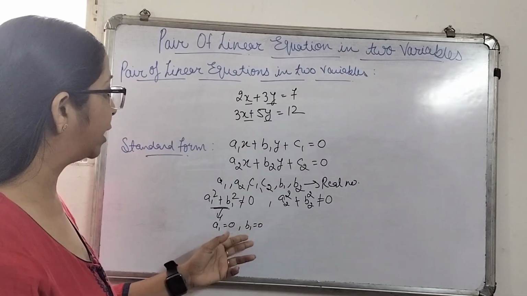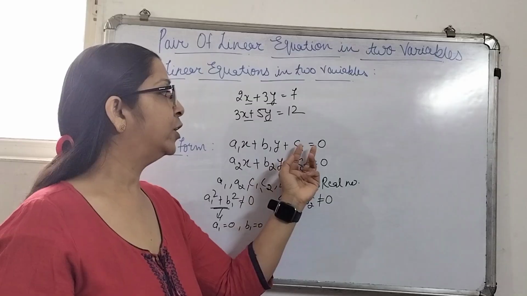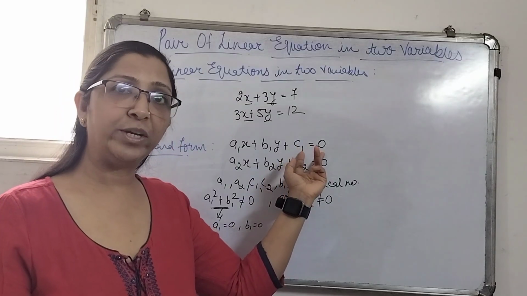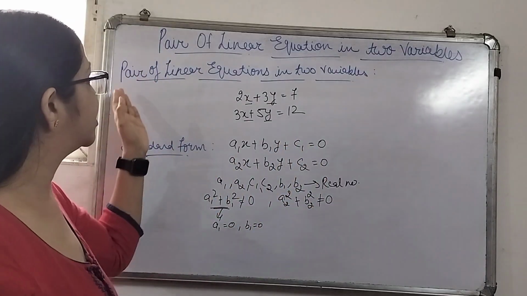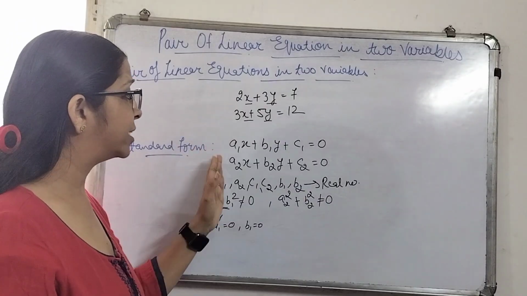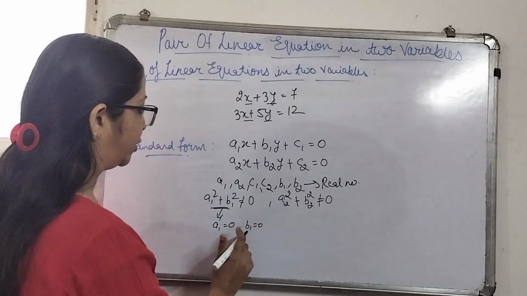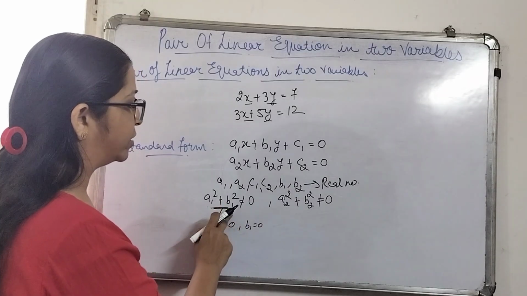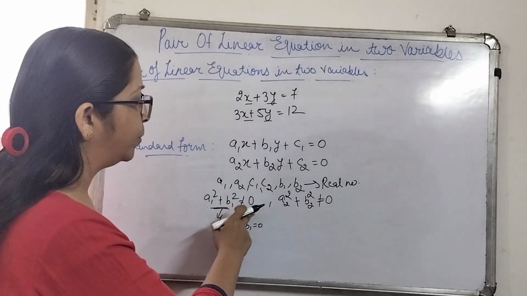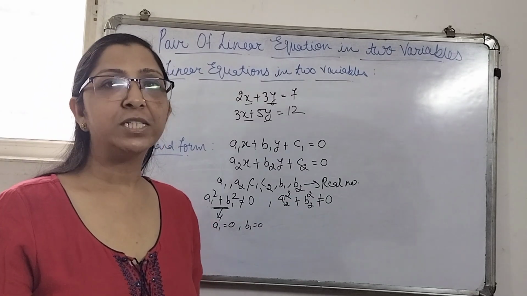And if a1 and b1 both are 0, in this condition your c1 will be 0, this will be the equation, and that won't be an equation in two variables. That's the reason, to ensure that this is forming a linear equation in two variables, we are taking the condition that a1 square plus b1 square should not be equivalent to 0, and a2 square plus b2 square should not be equivalent to 0.